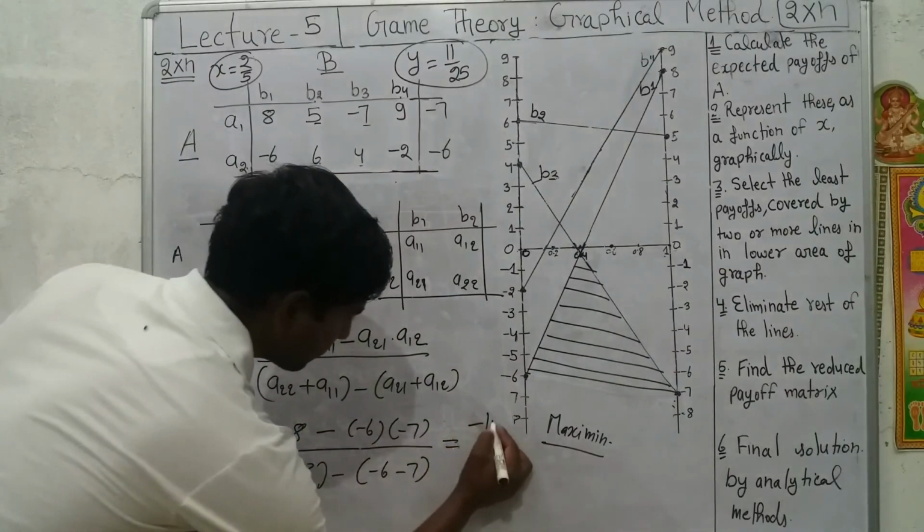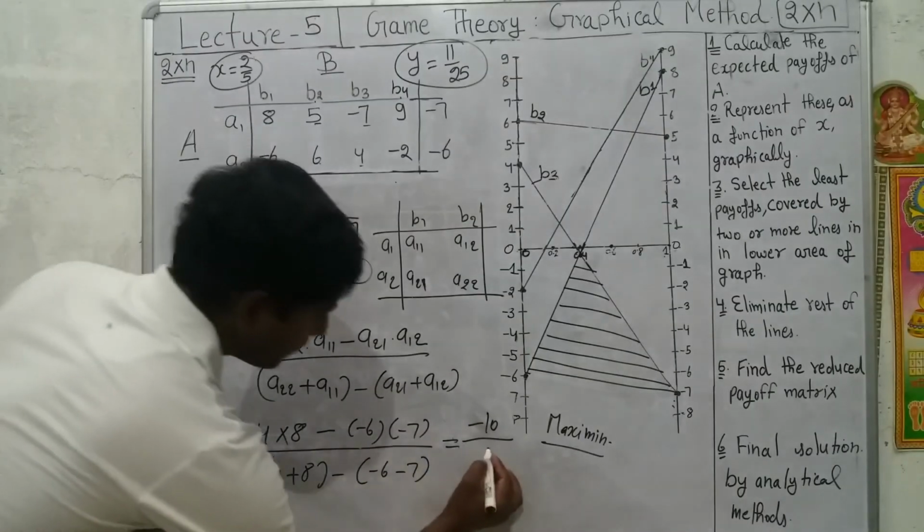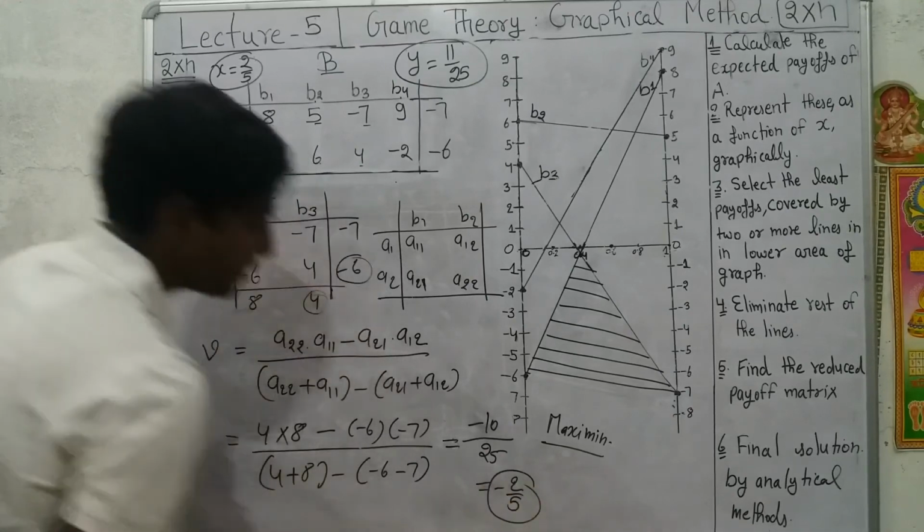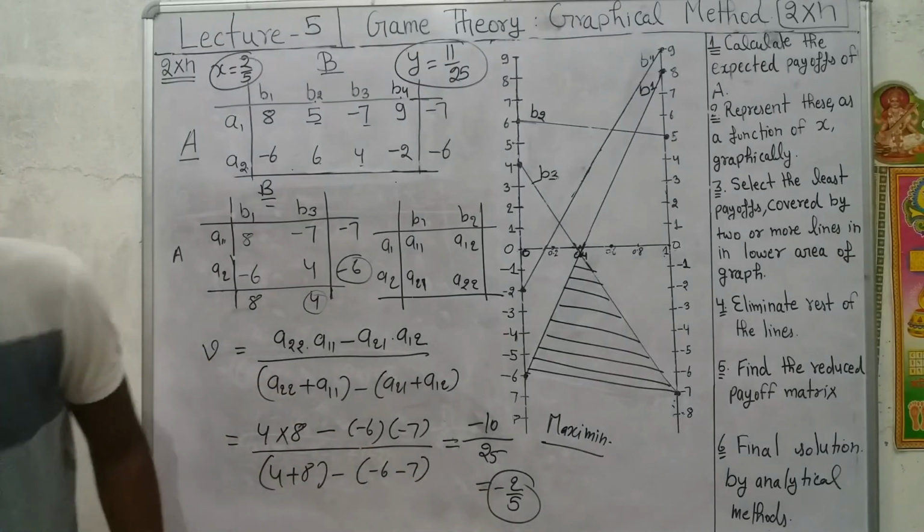So the value would be equal to minus 10 divided by 25, that is equal to minus 2 by 5. So the value of the game is minus 2 by 5.